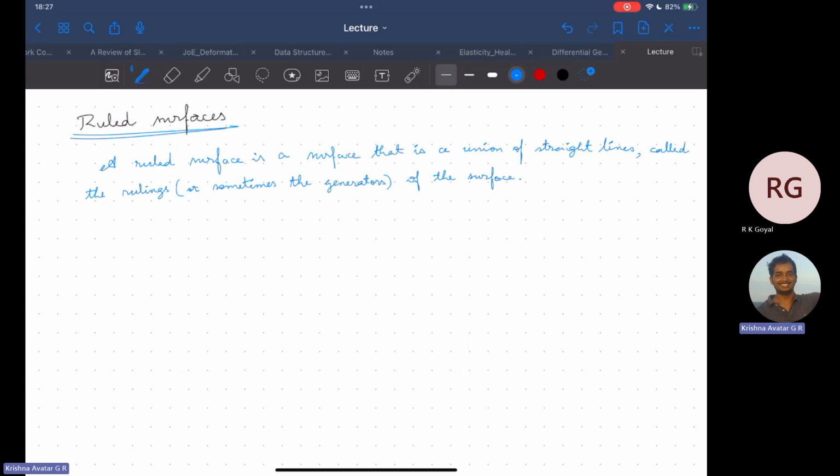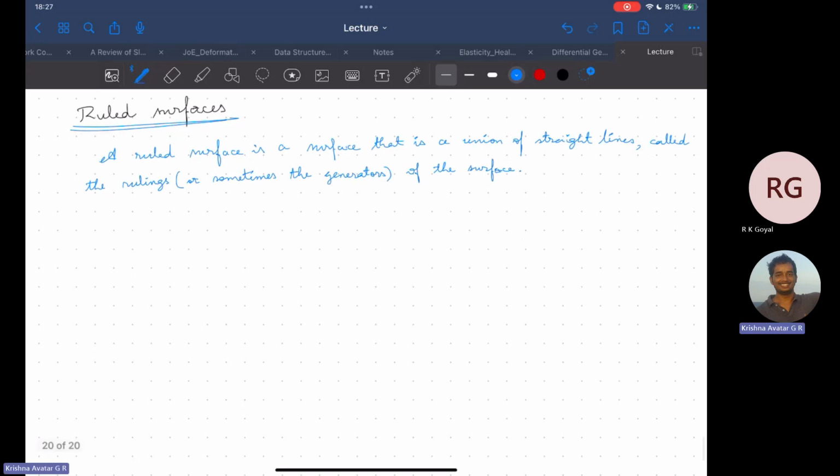Now let's try to construct it, what it actually implies. It says that it's a surface that is a union of straight lines called the rulings of the surface. So the way we would like to see it is, consider some sort of a curve, say gamma vector u. Then this surface is formed by a union of straight lines.